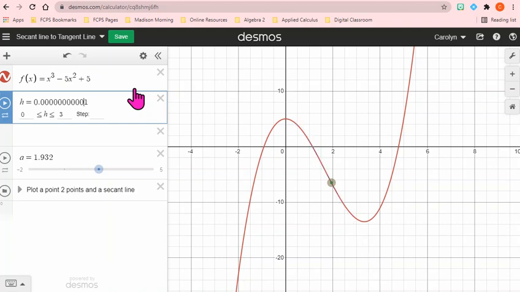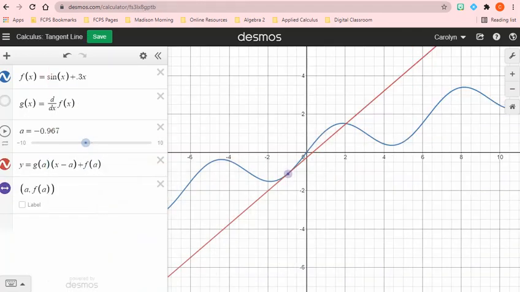Oh, too close. Tangent line. So as you move the 2 points closer together, it turns into the tangent line. That's what we're going to do algebraically.